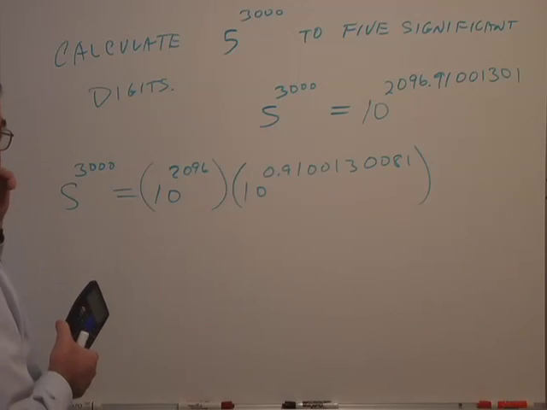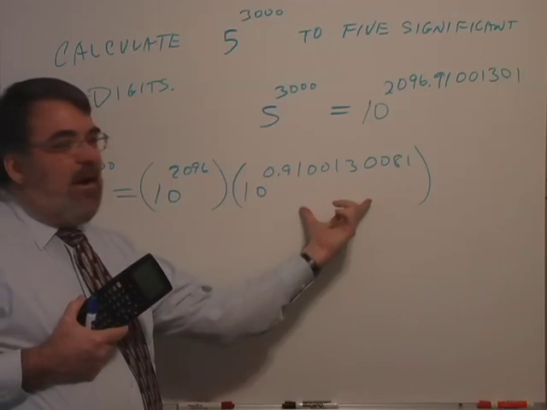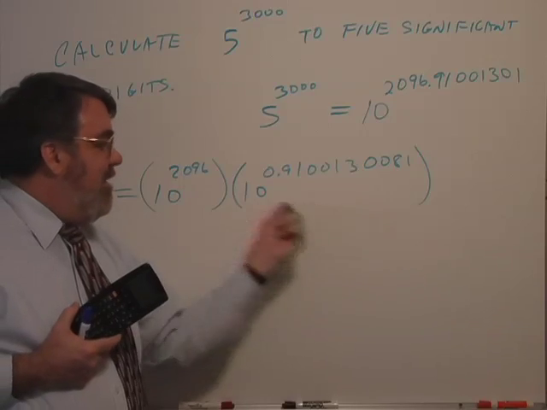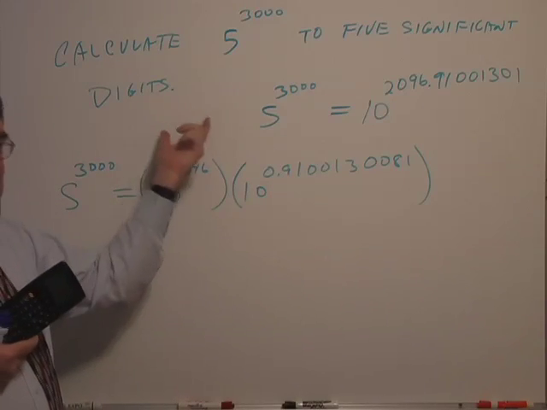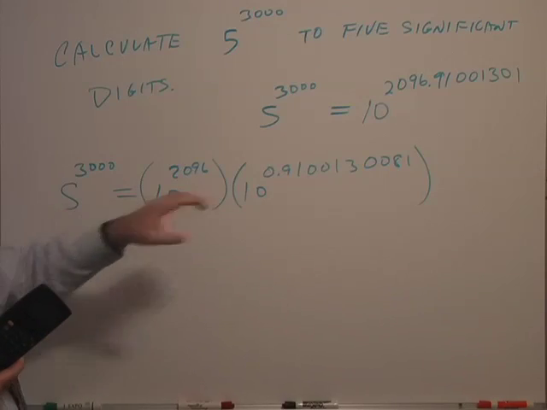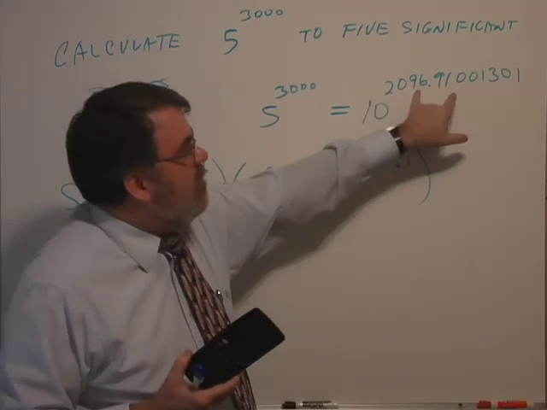Now, if you look carefully here, this is almost in scientific notation. I need to calculate this decimal exponent of 10, and it'll be times 10 to this whole number power. So I use the rule of exponents that says that when I multiply these together, I have to add the exponents. So I went in reverse and pulled these apart.